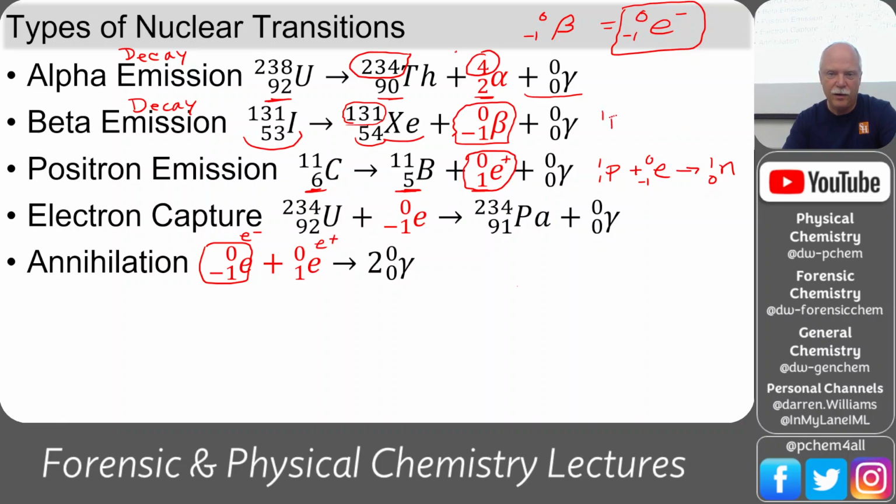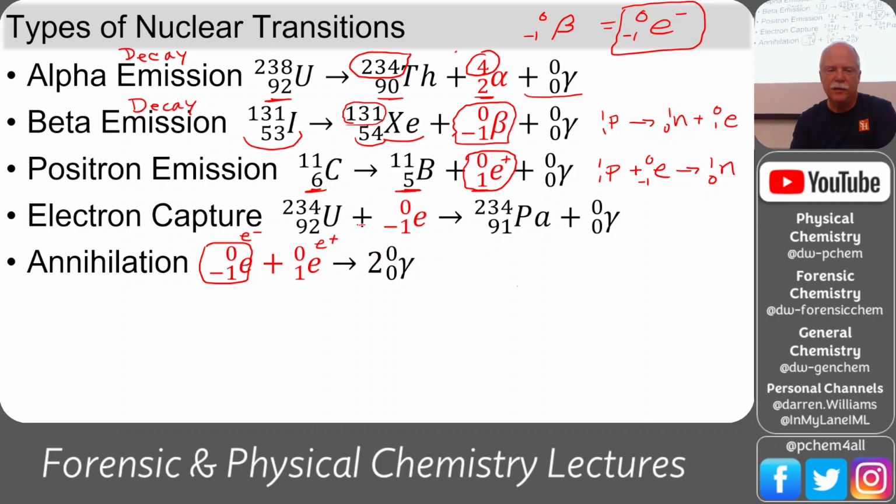We have 1, 1 giving a neutron, 0, 1, plus a positron, 1, 0. So the proton can spit out a positron and leave a neutron. A proton can capture an electron, that's what's going on here with electron capture, and become a neutron. So protons and neutrons can swap places using positrons and electrons.